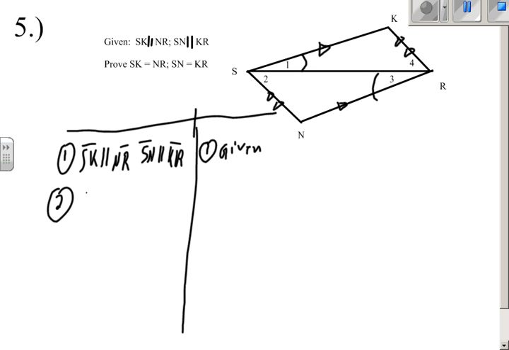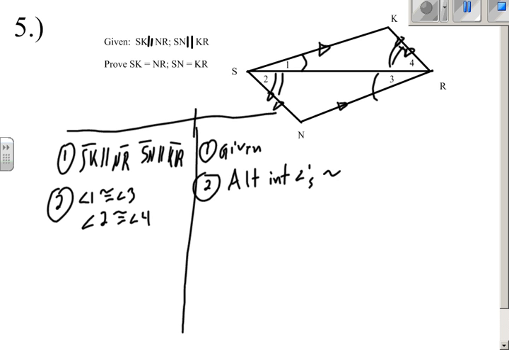So I'm going to go ahead and say angle 1 is congruent to angle 3. And I also know that since these lines are parallel, that angle 2 and angle 4 are also alternate interior angles. So that's step 2. And the reason is alternate interior angles are congruent when we have parallel lines.